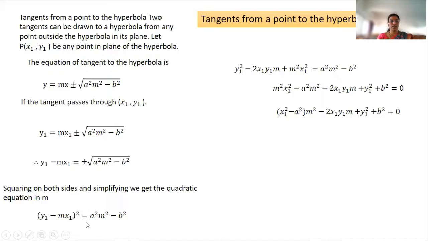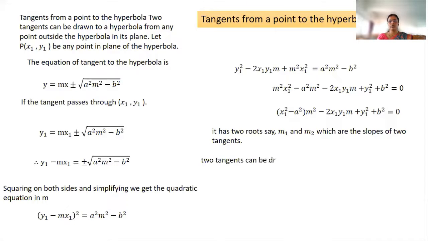Simplifying this, we get an equation which is quadratic in m. It has two roots, say m1 and m2. These are the slopes of the two tangents. Therefore, two tangents can be drawn to the hyperbola from a given point in its plane.